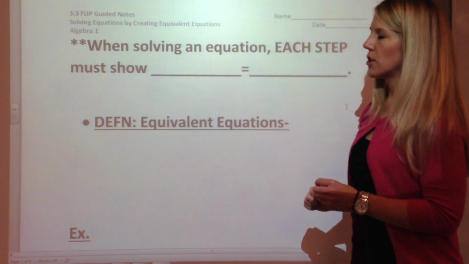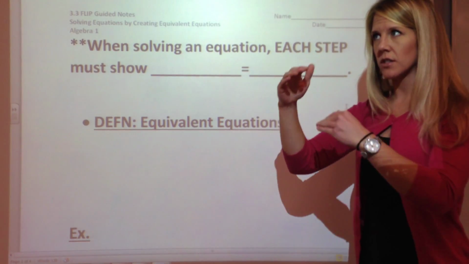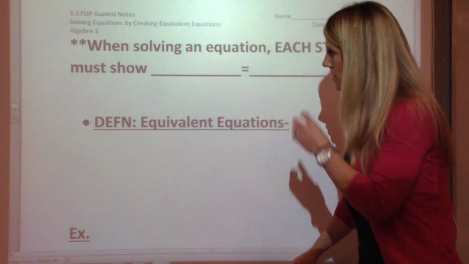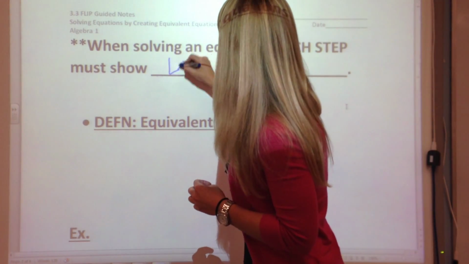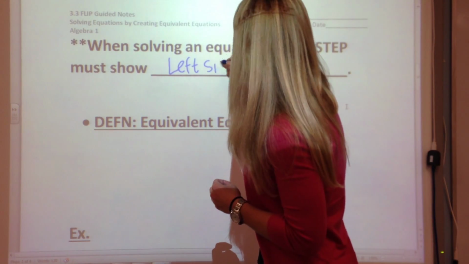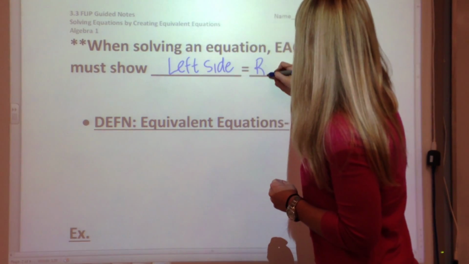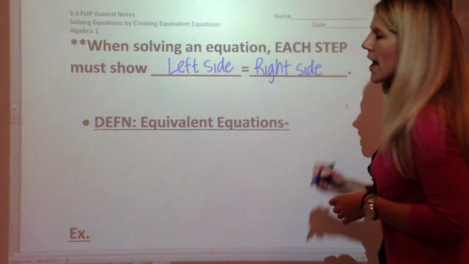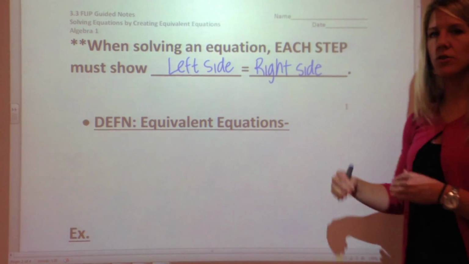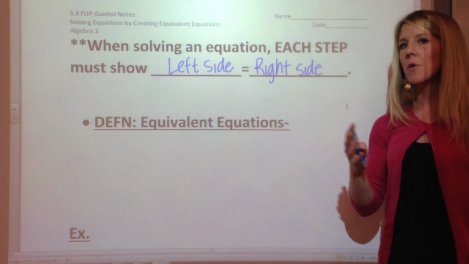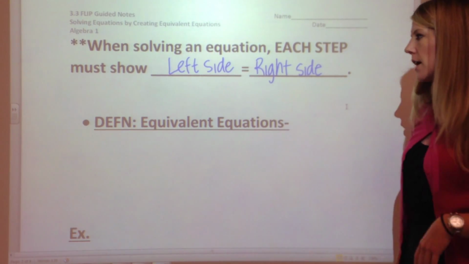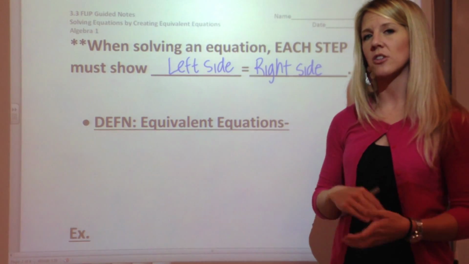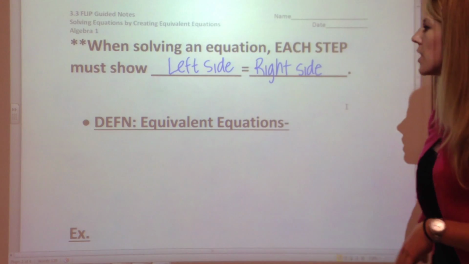When solving an equation, no matter what, every single step from the original equation to the end, the left side must equal the right side. Every single step has to be equivalent to the original equation. So left side must always still equal the right side. We are just rearranging or manipulating the equation to look in a different way to allow us to solve the equation.